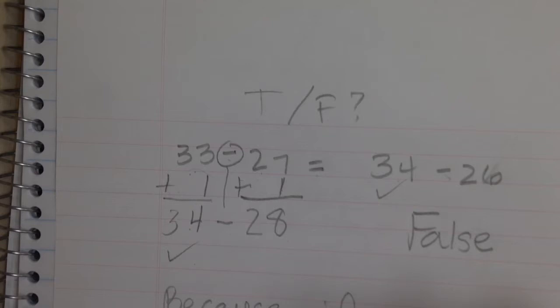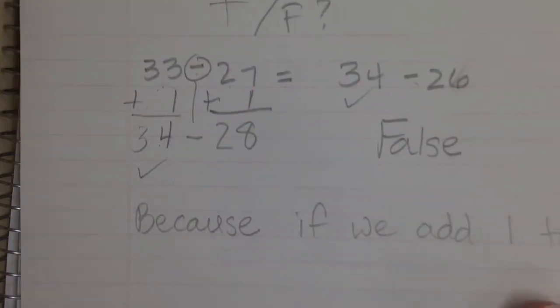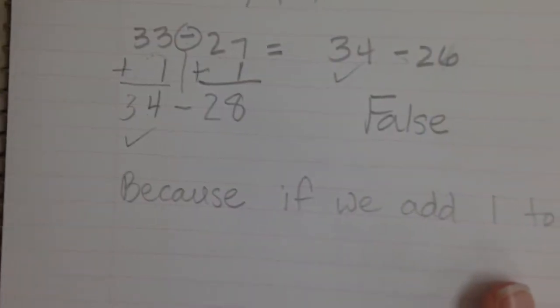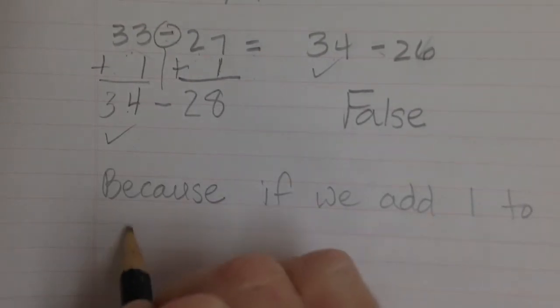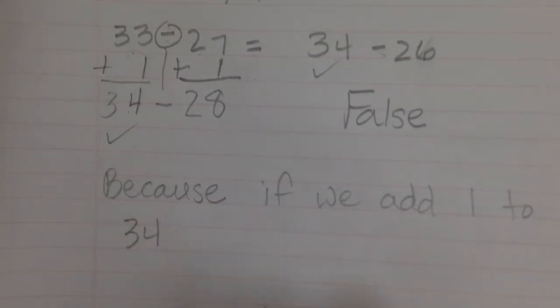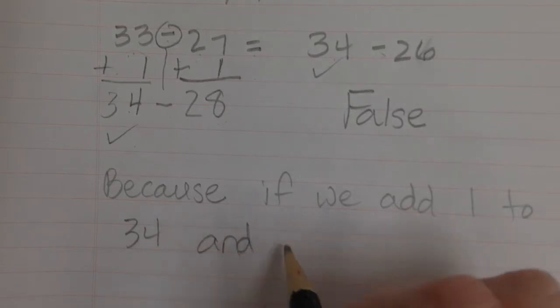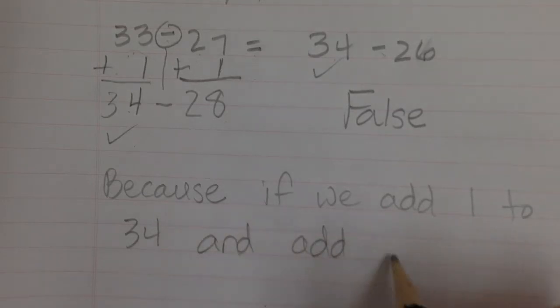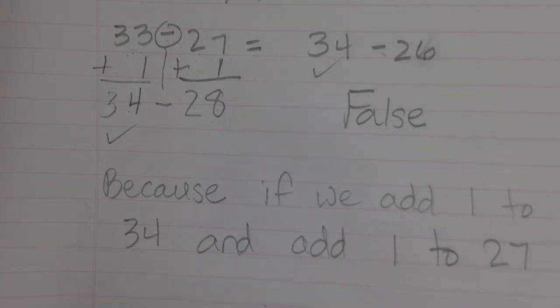If we add 1 to 34, and I'm writing this out, I'm just writing my thinking on paper. If we add 1 to 34 and add 1 to 27, it does not balance.